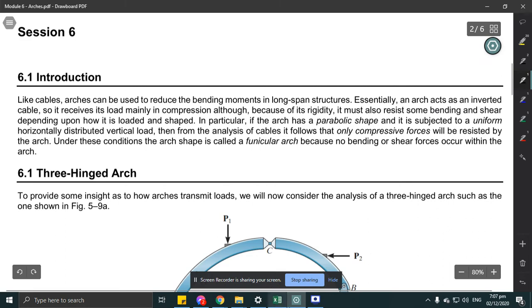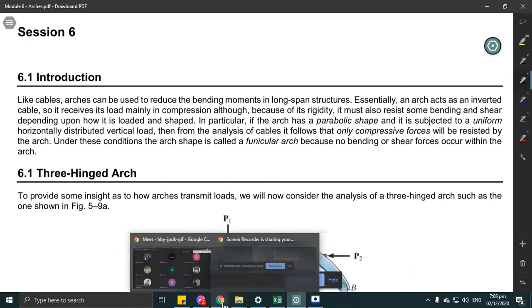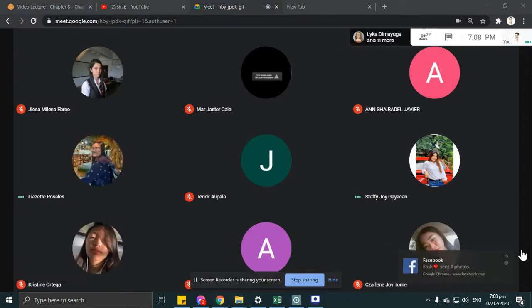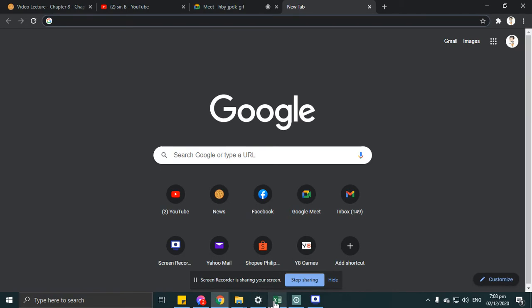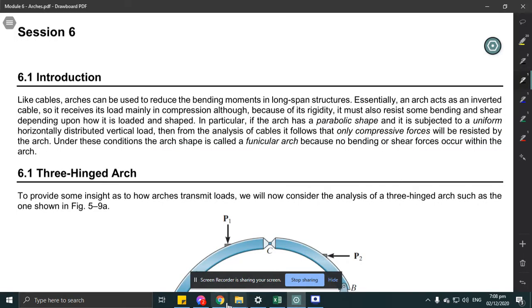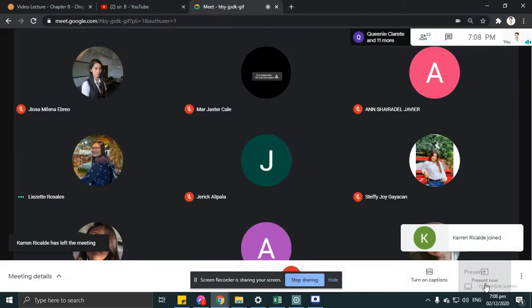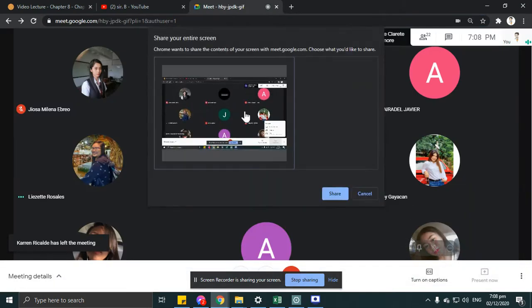Wala. Teka lang ha. Screen recorder pala to. Wait. Kaya namang yan na naman ako sana. Ito pala, sorry. Hindi pala ako na-share screen.